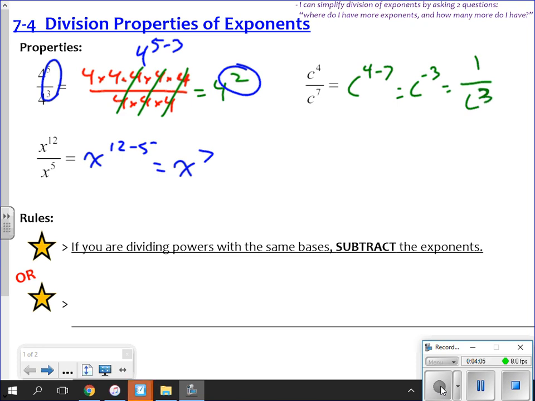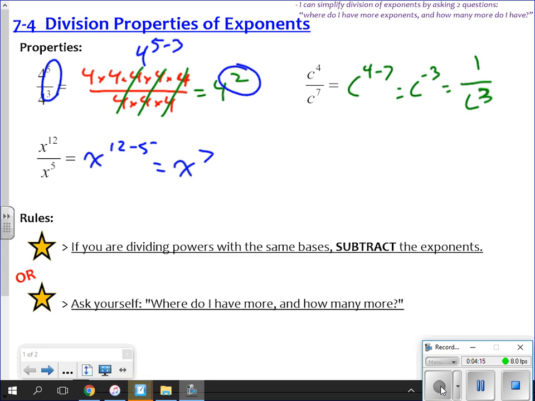However, there is another rule that we can apply for the same thing. It kind of shortcuts dealing with the negative. Okay? So our other rule, and this is kind of the same one, is you ask yourself, where do I have more and how many more do I have? So there's a trick to this when you're doing division of where to put the answer, whether it goes in the numerator or the denominator.